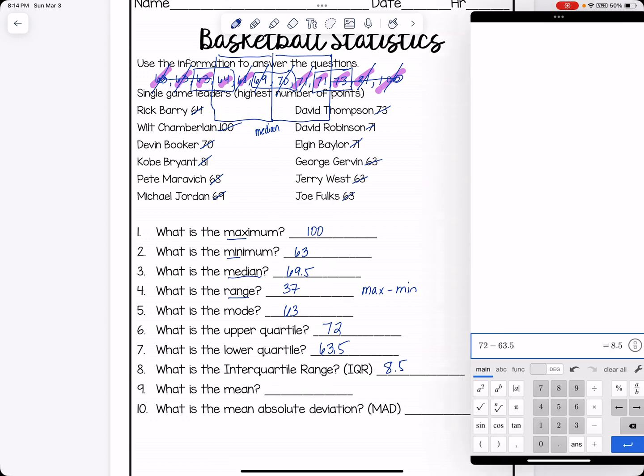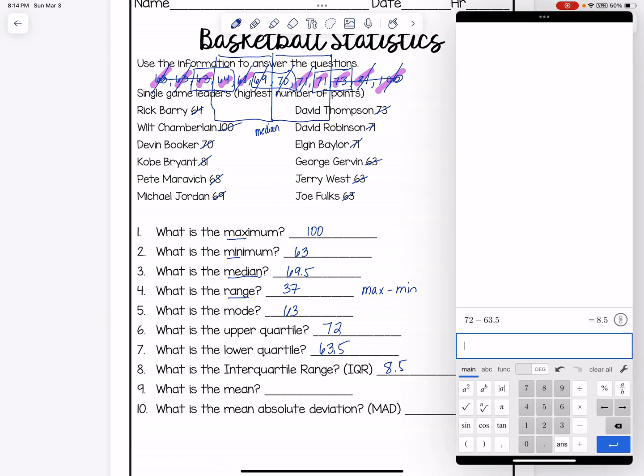What is the mean of our data? Well, we know to find the mean, we are going to have to add up all the data, divide by how many points of data there are. So we have 63 times 3, and then we have plus 64, plus 68, plus 69, plus 70, plus 71, plus 71, plus 73, being really careful here, plus 81, and plus 100.